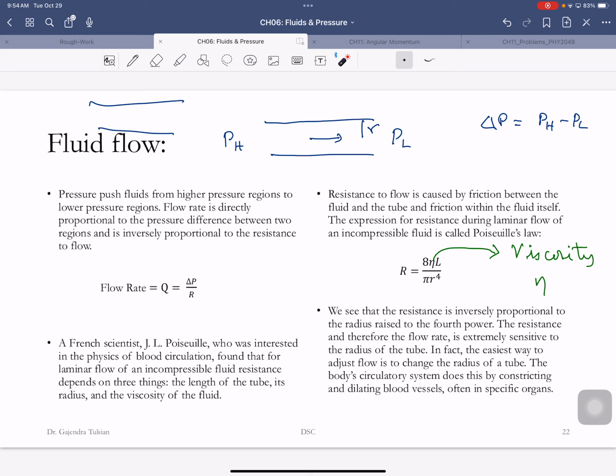The best way to increase or decrease flow rate is to change the radius of the blood vessel. If you increase the radius, the resistance of the pipe decreases, and then the flow rate will increase. So keep that in mind. The best way the body controls flow rate is by dilating or constricting blood vessels.